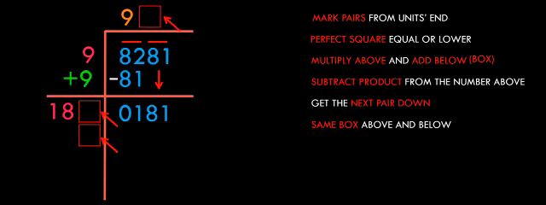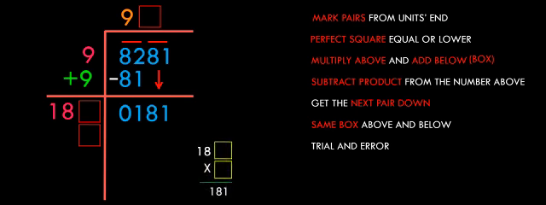And the number in these three boxes will be the same. Now we will use trial and error method to find the number in these boxes. We will have to guess what number can possibly be put in these boxes to obtain 181 as a product. Yes, the number is 1.